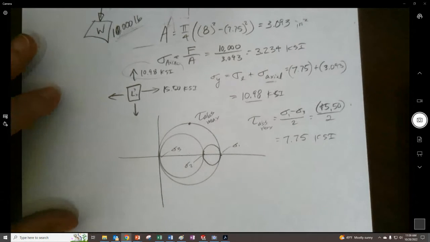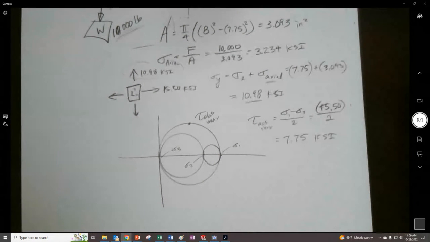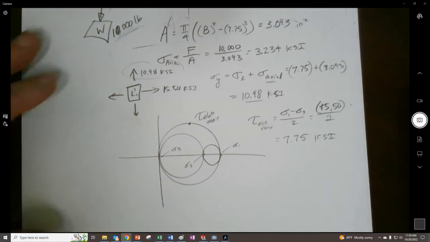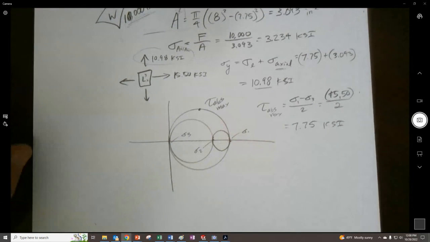That doesn't seem as intuitive, that it wouldn't matter, but we could prove it to ourselves. It's related to Mohr's circle.